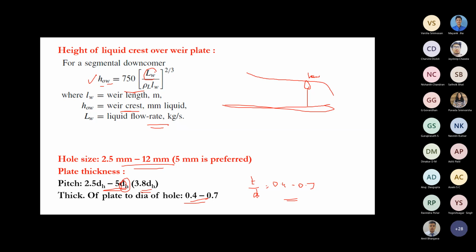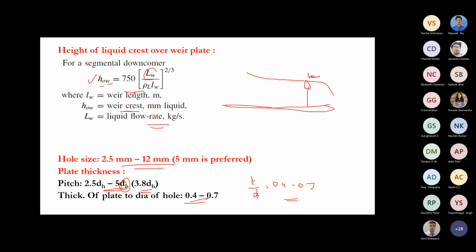We know the turndown ratio is minimum flow rate to maximum flow rate, and it defines the range at which you can operate. So for LW you can select 0.7 times the maximum, and calculate the minimum HOW.